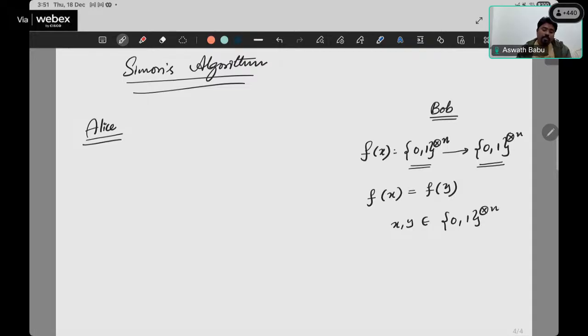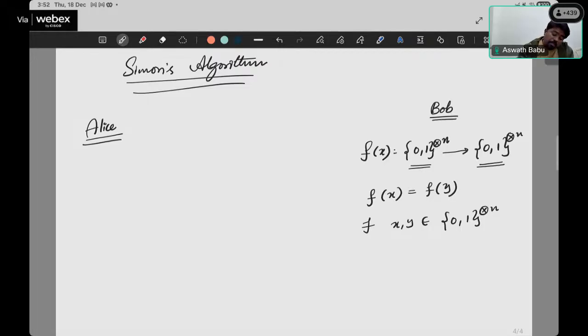There exist some two values, and for that we can write the exists symbol, there exists x comma y belonging to 0 comma 1 tensor n, for which f of x is equal to f of y.